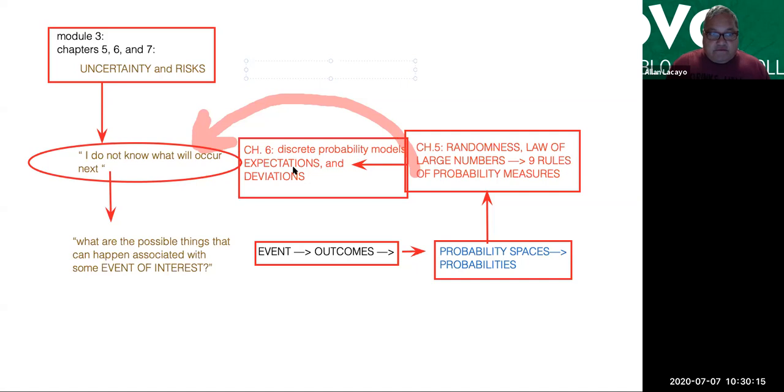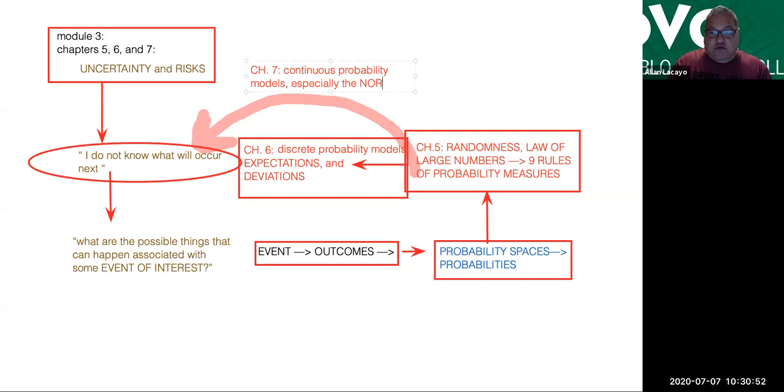And then finally in chapter 7, what we're going to do is go over continuous models of probability. So chapter 6 and 7 really have a commonality, which is developing different kinds of probability models, continuous probability models. Especially, we're going to focus on one.